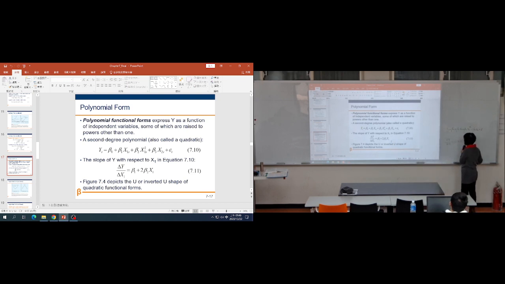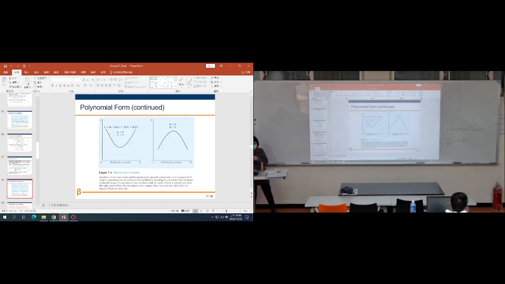Then, what is this for? Look at the diagram of this one. This is y, using the same equation as I did here. Since we are holding x2 constant, we look at the change of x1.